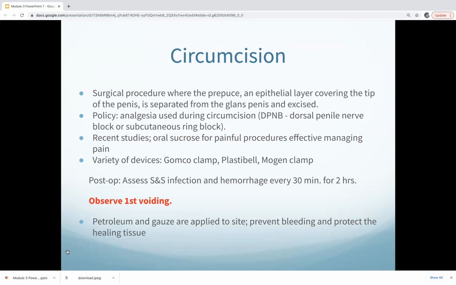I'm not going to expect you to be able to tell me which one is used, but what I want you to know is it's really important because there's a lot of swelling afterwards, and we're watching for signs of infection and hemorrhage. Make sure you're documenting and observing for that first void, because if there's a lot of swelling, they may not be able to void, and that can be a problem. We have to go back and look. So petroleum and gauze are applied to the site to prevent bleeding, and also we obviously don't want to debride that area when we're changing the gauze, thus the petroleum impregnated gauze.